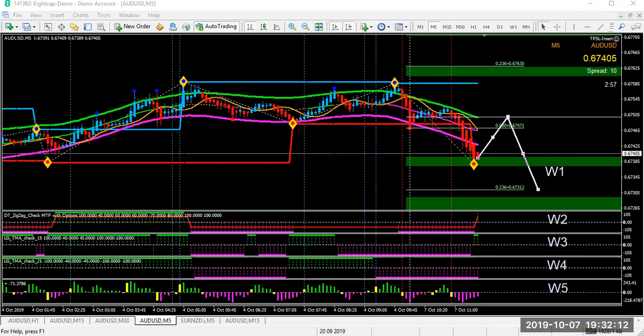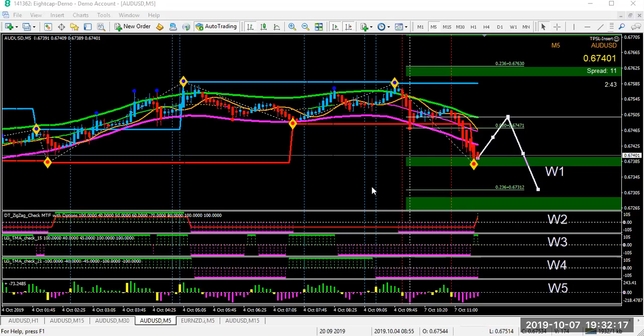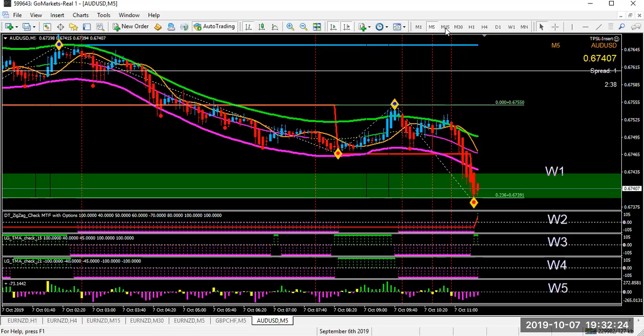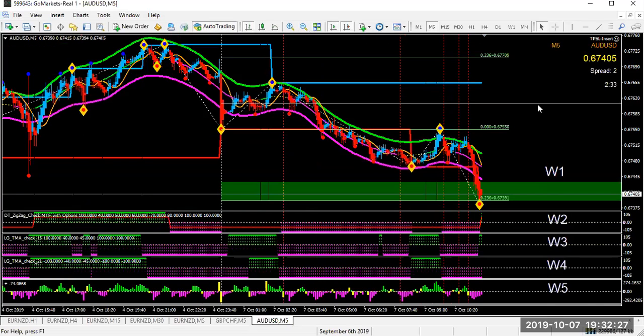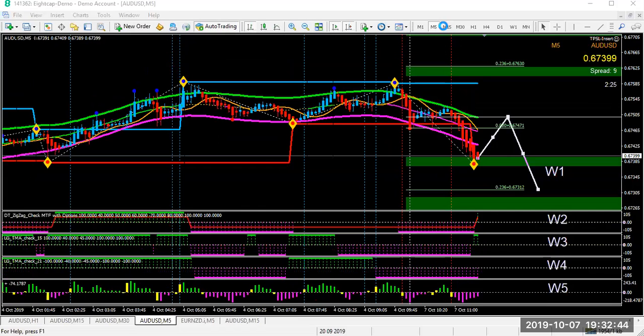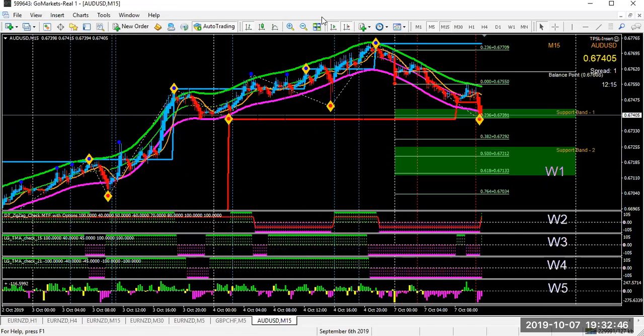Let's go back here. We can see that even coming up, the band was very attractive for price action. I'm just putting it into 15 so we can see where the channel line was on that.